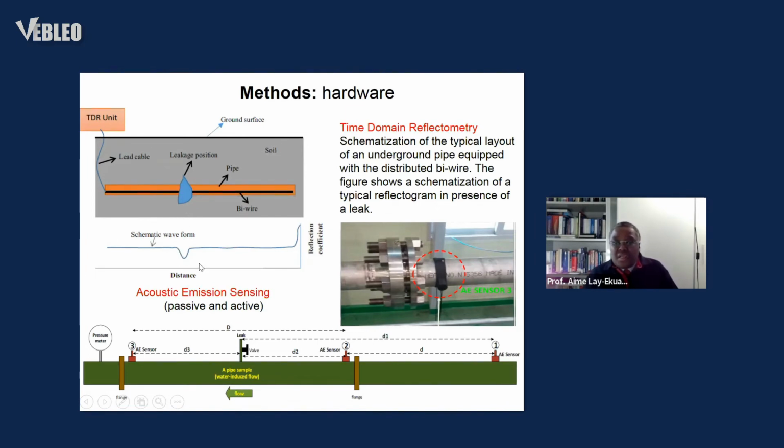Another one is, as I told you before, the acoustic emission sensing. This is passive and active: active because we have to launch a wave, and passive because we get a result after some modifications in the pipeline.